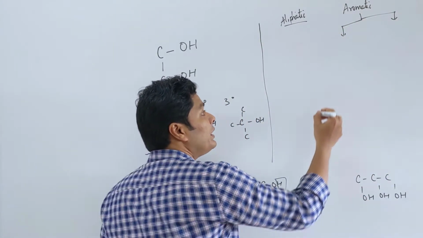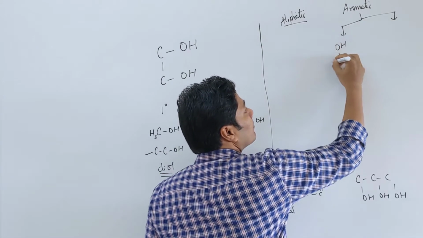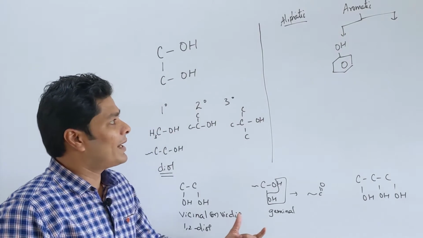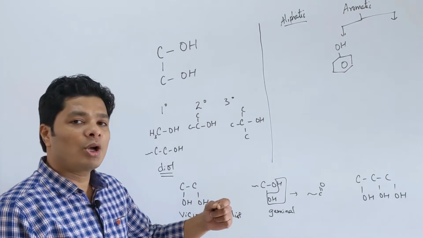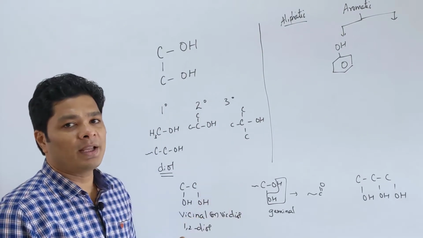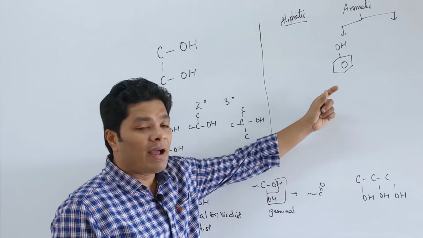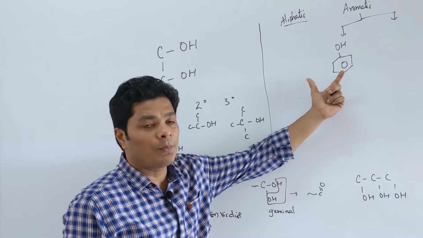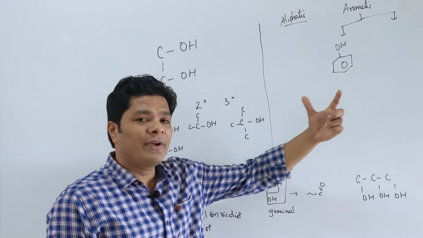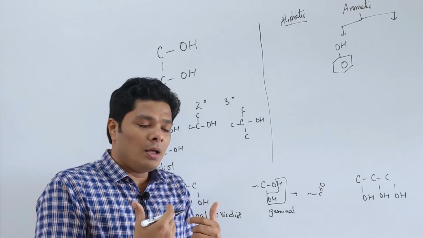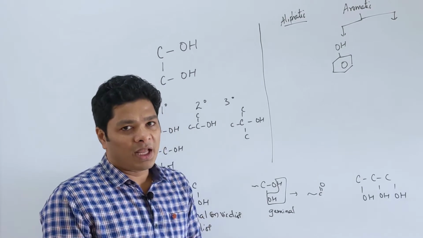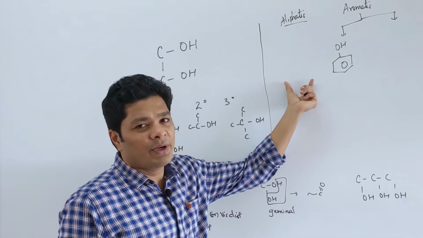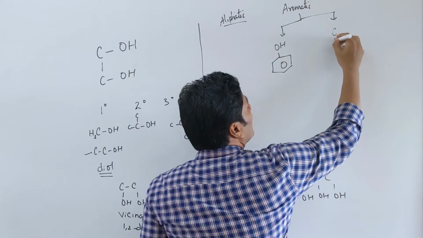One of them is phenol, or phenol type aromatic alcohols, where the OH is directly bonded to a carbon which is part of an aromatic ring. You can have a naphthalene ring and have an OH in there, that will also be a phenolic functional group. Phenols are classified as not alcohols. They are for the most part a different type of functional group because they are a lot different from aliphatic alcohols. We are going to see that pretty soon.